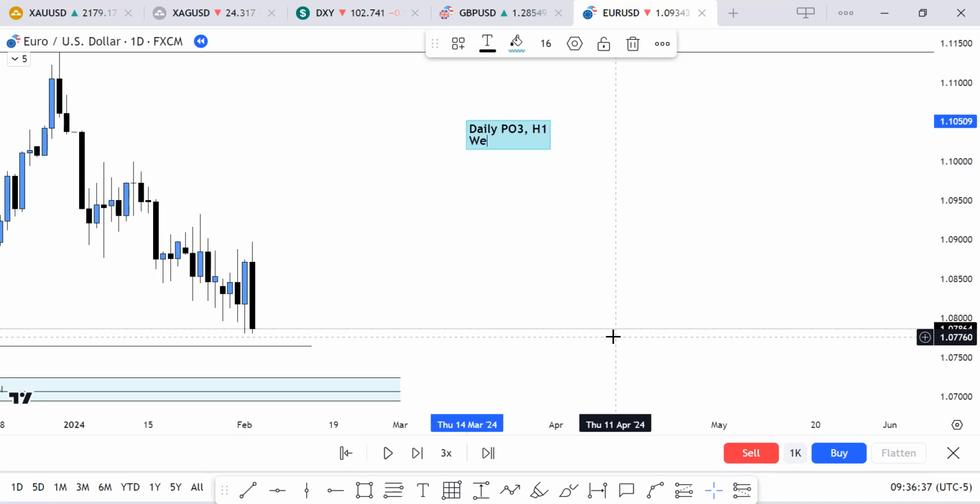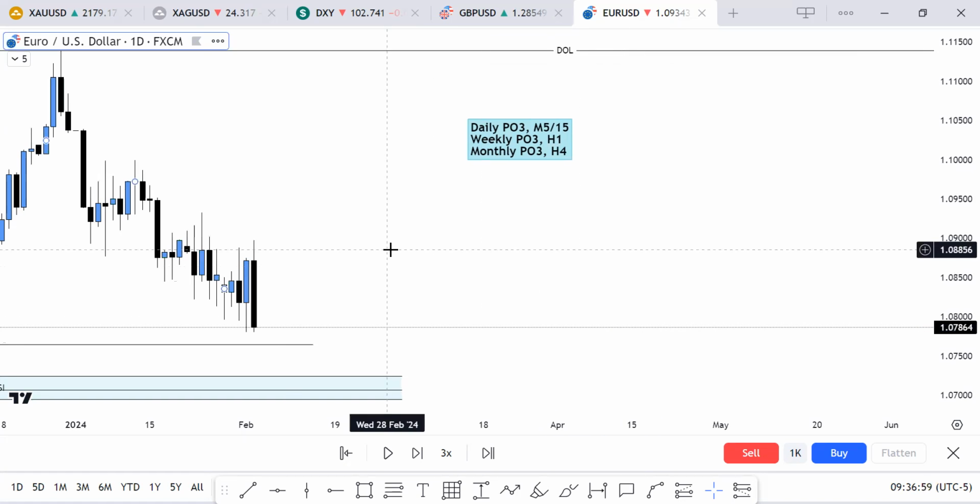For weekly power of 3, you will have to use H4 market structure shift, and for monthly power of 3, sorry, for weekly you will have 1H, for daily you have M15 or M5. I personally prefer M15. For monthly power of 3, you will have to use H4 structure shift.